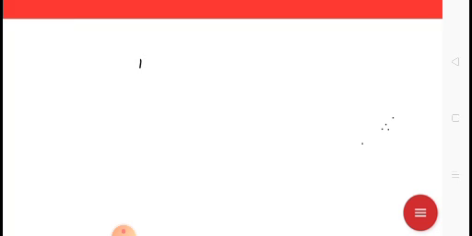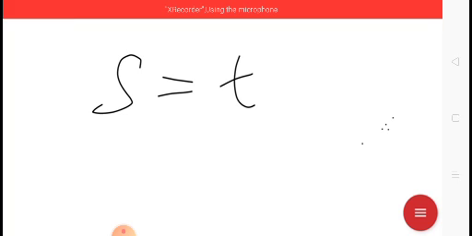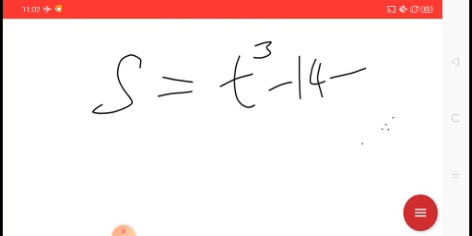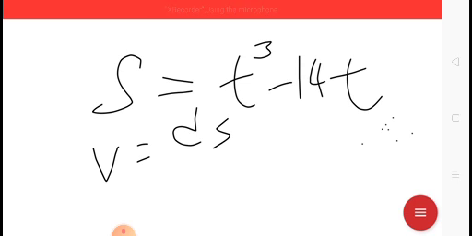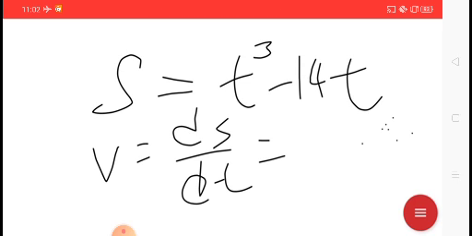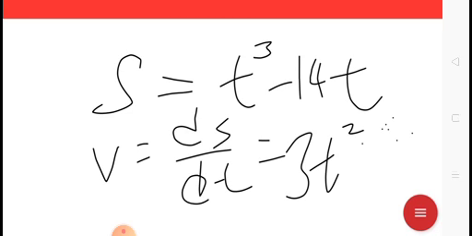You can see that s is in terms of t, so when t changes, s will change. Because the question only asks for the velocity, you know that v equal to ds dt, so you can directly differentiate and you will get 3t square minus 14.